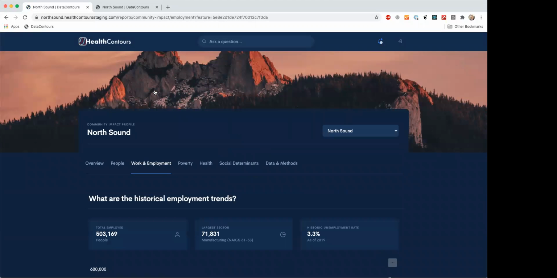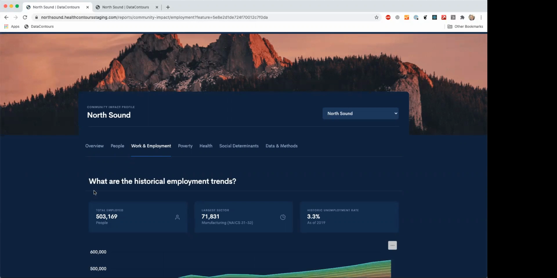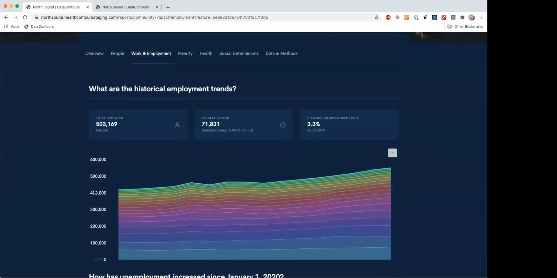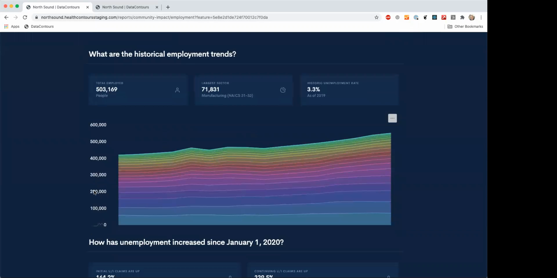So we use a three-step model to project out. The first is looking at employment characteristics, specifically employment by industry sector within the region. The first section here is a breakdown over time of where the employment is by sector within the North Sound.